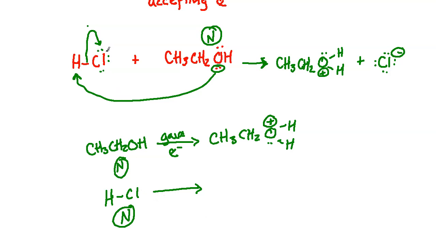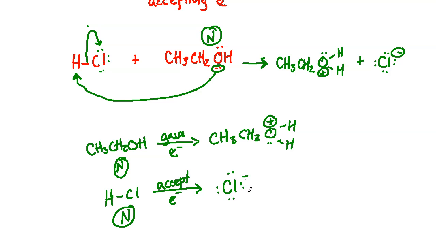Well, it accepts electrons, because this bond here is a set of electrons being shared between hydrogen and chlorine, and so the chlorine is going to formally take those electrons. It is going to accept the electrons, and in doing so, it goes from neutral to negative because we then get the chlorine anion.